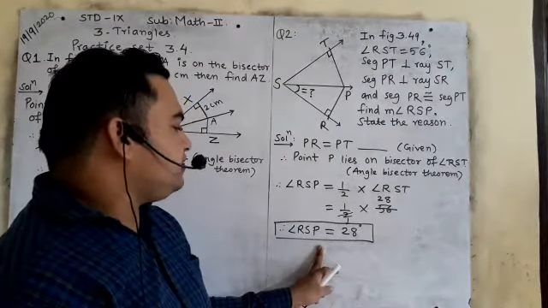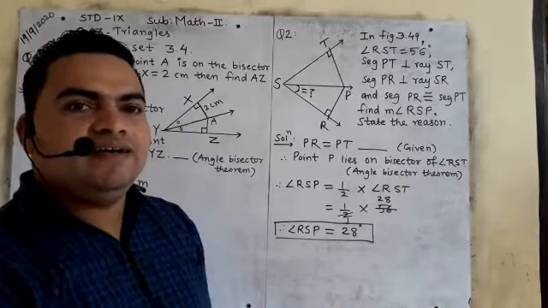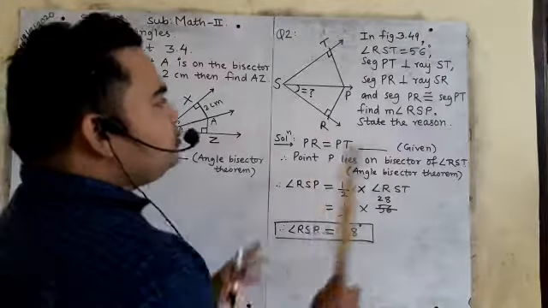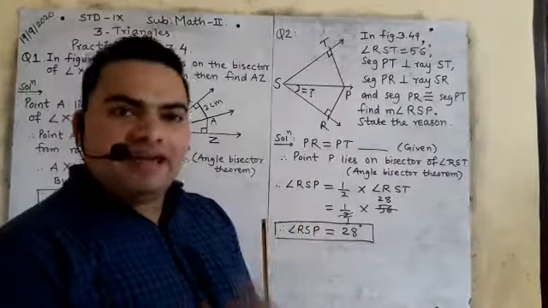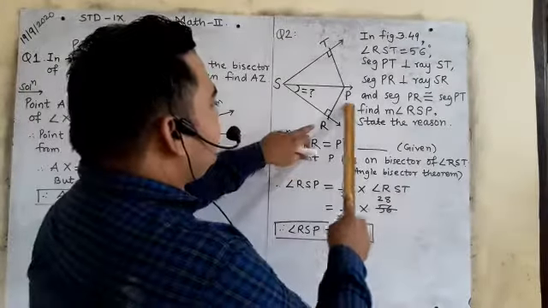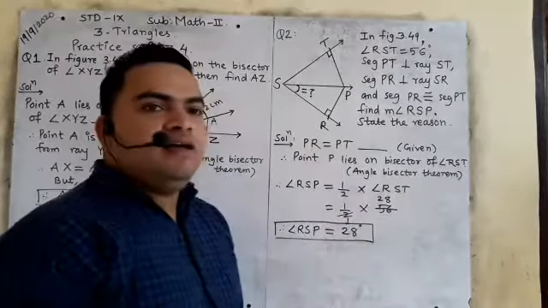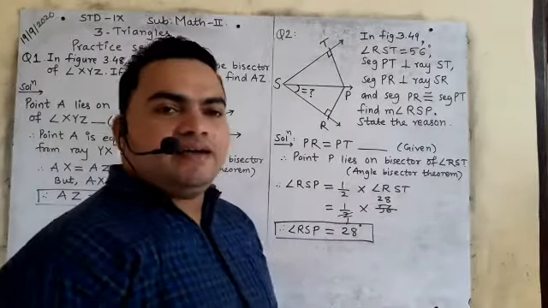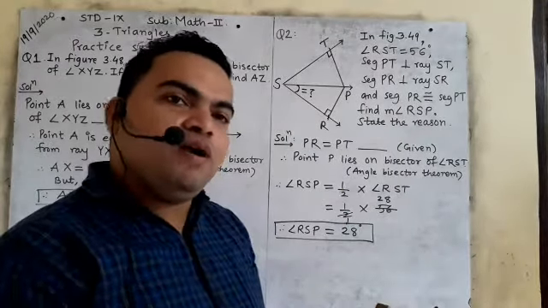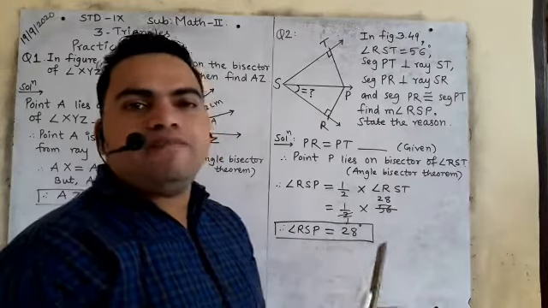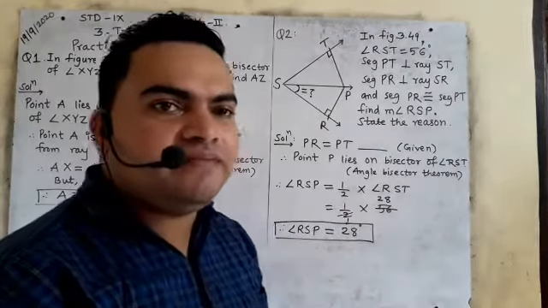So angle RSP is equal to 28 degree. Here it is not said that SP is an angle bisector, but it is said that PR is equal to PT. It means SP is the ray angle bisector which will divide the angle into two equal parts. Is it clear?